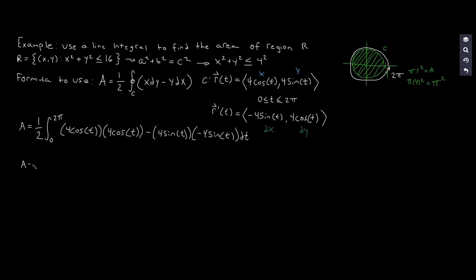That is A equals 1/2 times the definite integral from 0 to 2 pi. The integrand is going to be 16 times cosine squared of t plus, because there's a negative here, 16 sine squared of t.